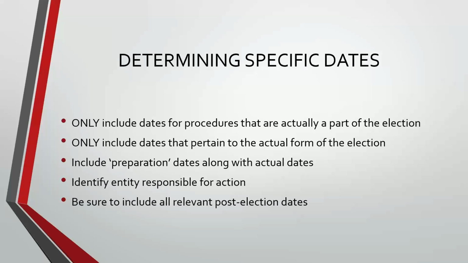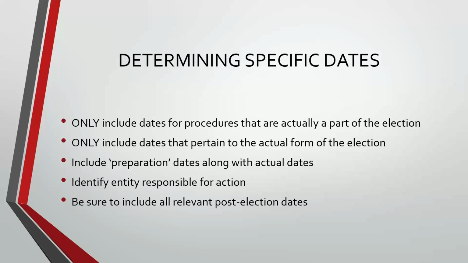But if you're holding a mail ballot election and you want to put the citation into your calendar, and a lot of people will do that, so that if somebody says, well, why is it this date, you can go back to the statute and let them know. So if you're doing a mail ballot election, just put in the citation for mail ballot elections and don't put in the citation for a polling place election.